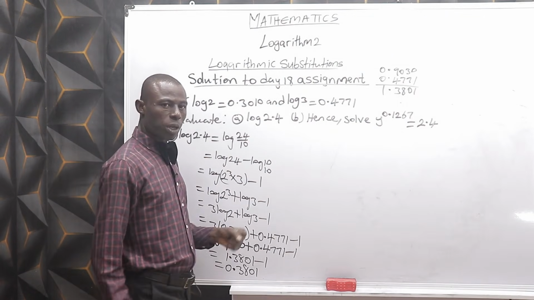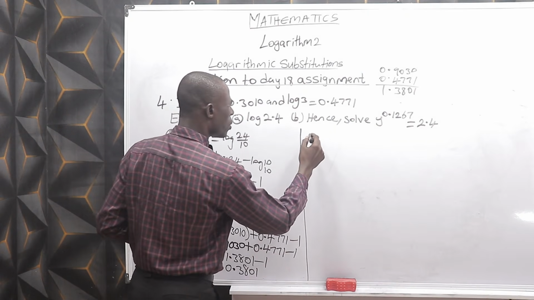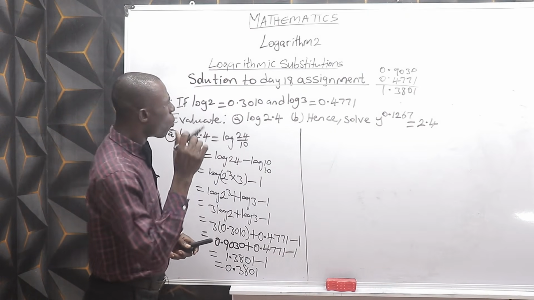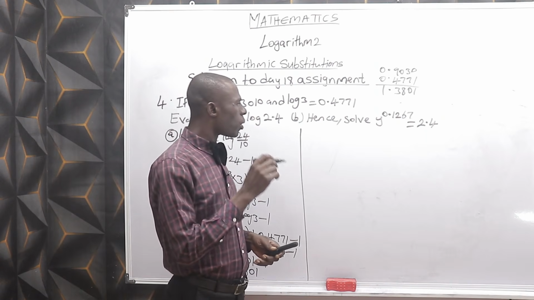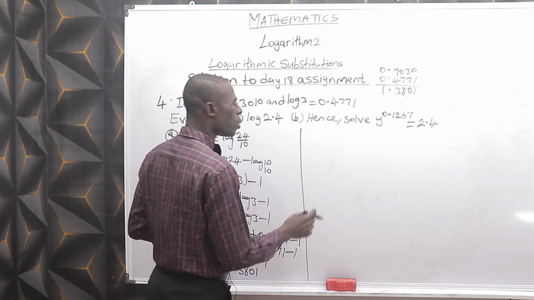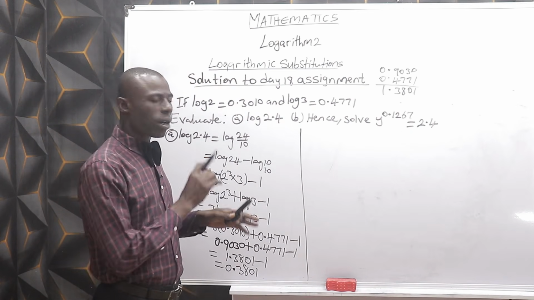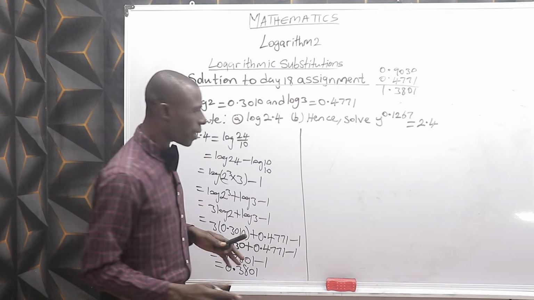Now, question B part. Solve y raised to power 0.1267 equals 2.4. To tackle this kind of question I have taught you, take logarithm of both sides.